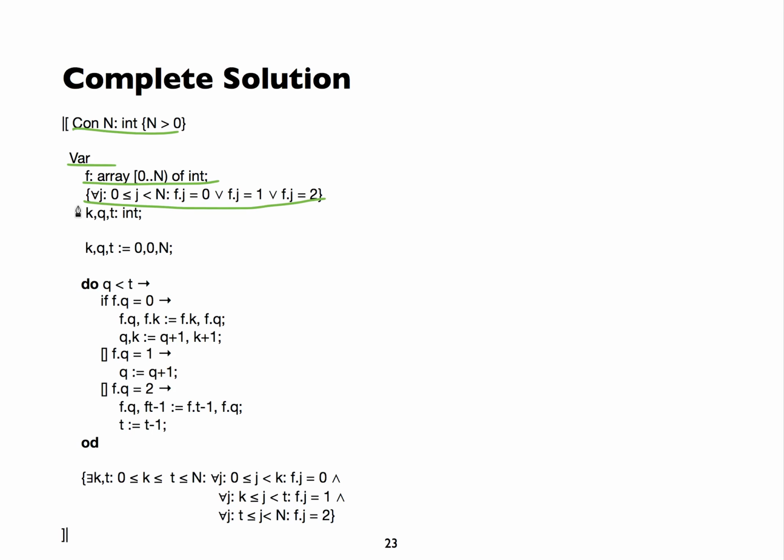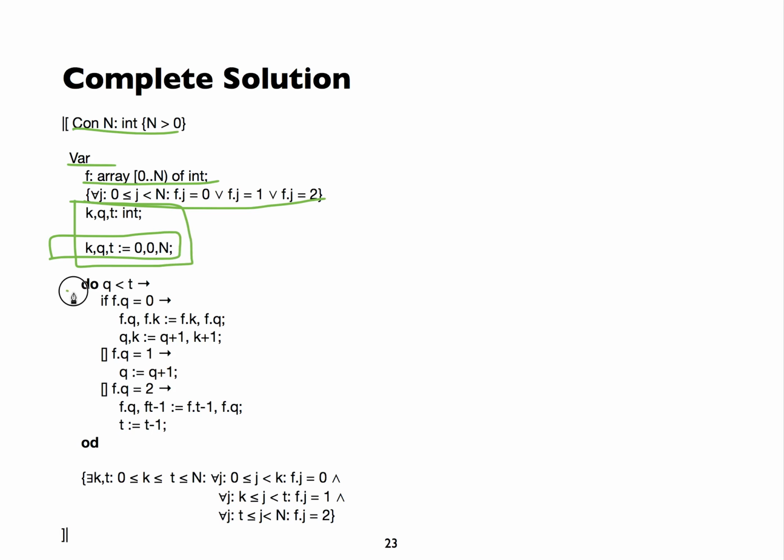We now have 3 variables, so we declare 3 variables, k, q, and t, and we initialize those. Now our initializations of k, q, and t here, we've derived that. That isn't being plucked from thin air. We've already derived that and proved that that's the case.